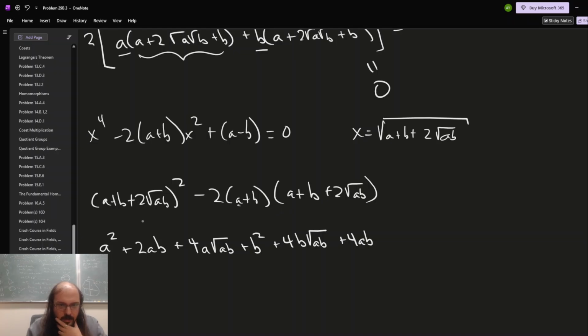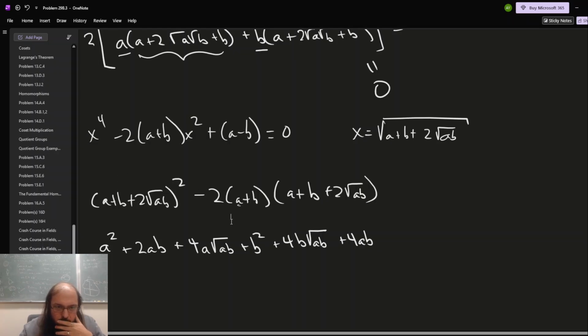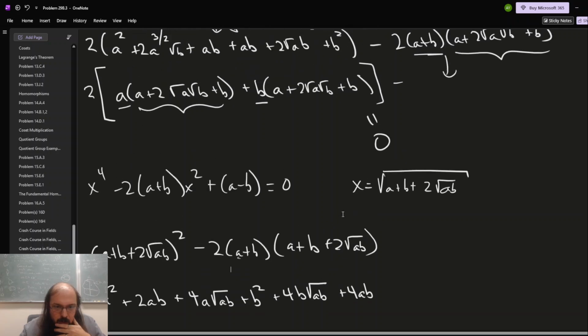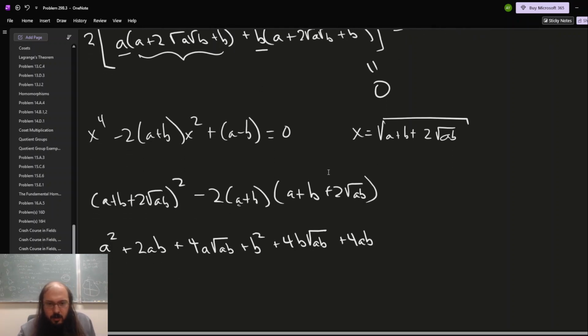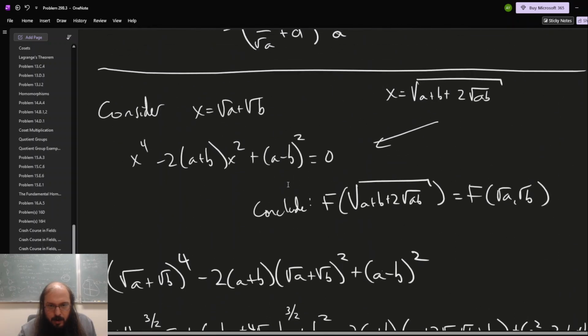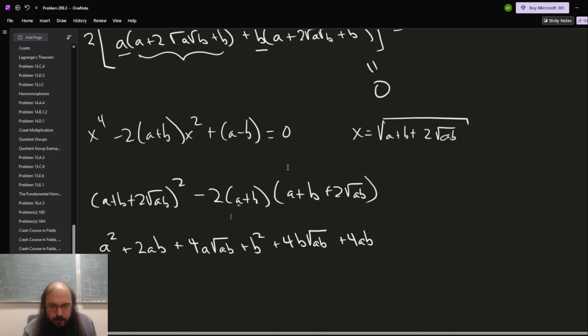But I only have 1a squared. So how could this be? Oh, because I forgot the last term, which is a minus b, and also the squared got cut off. So that's gonna fix it for sure.